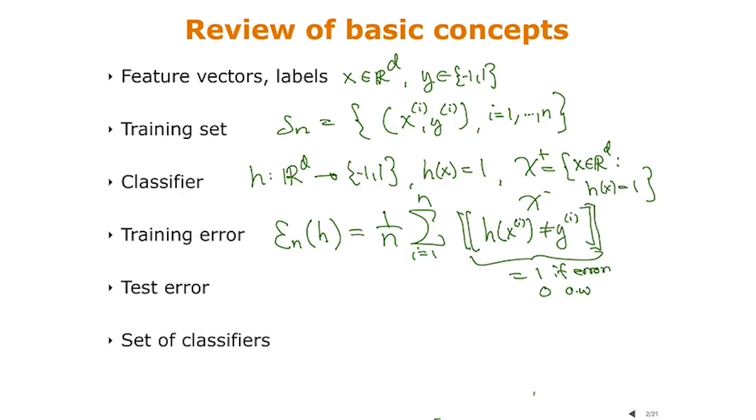All right, test error is defined exactly similarly over the test examples, and now we typically drop the n there, assuming that the test set is relatively large, and it can be measured in principle for any classifier.